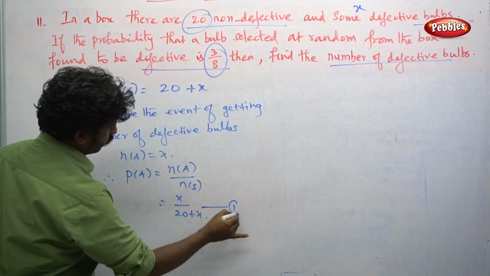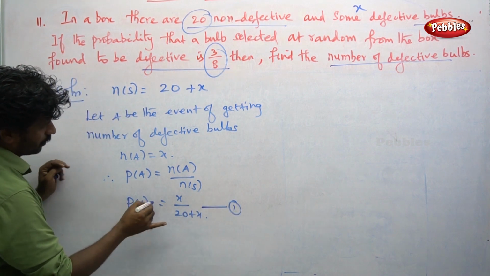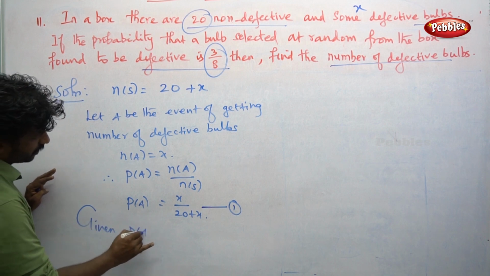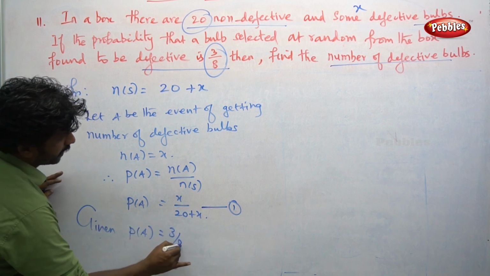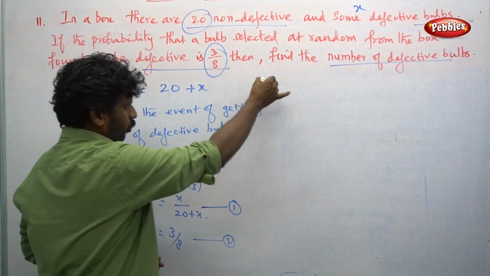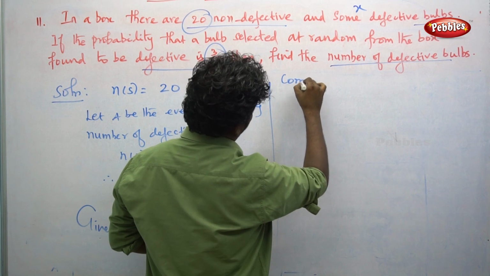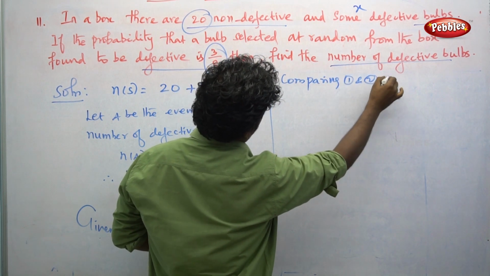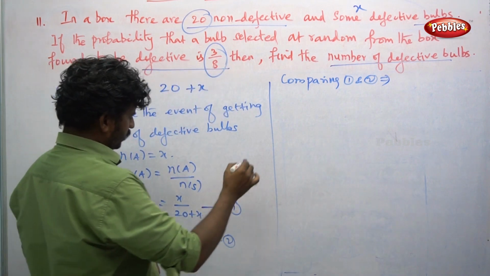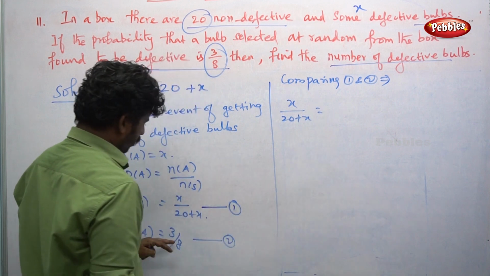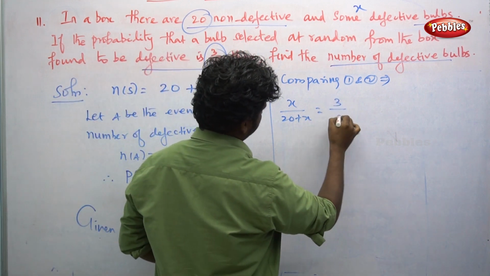So this is equation 1. P of A is equal to, they are given here, the given P of A is equal to what? The 3 by 8. அது equation 2 னு எடுத்துக்கிறோம். Now comparing 1 and 2. The comparing the equation 1 and 2 implies, what is that? So which means the x by 20 plus x is equal to this 3 by 8.